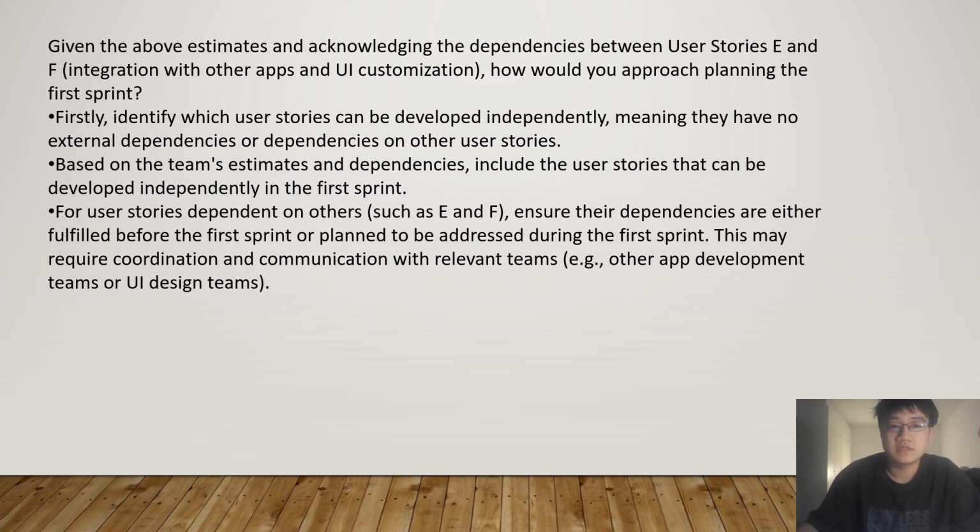Based on the team's capacity and dependencies, include the user stories that can be developed in the first sprint. For user stories that depend on others, such as E or F, ensure the dependency is either resolved before the first sprint or planned to be addressed during the first sprint. This may require coordination and communication with related teams.